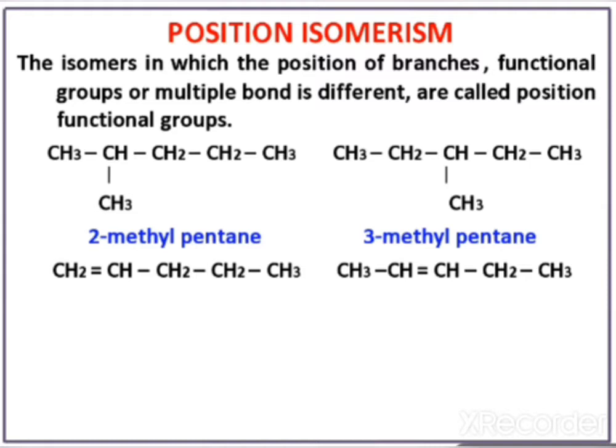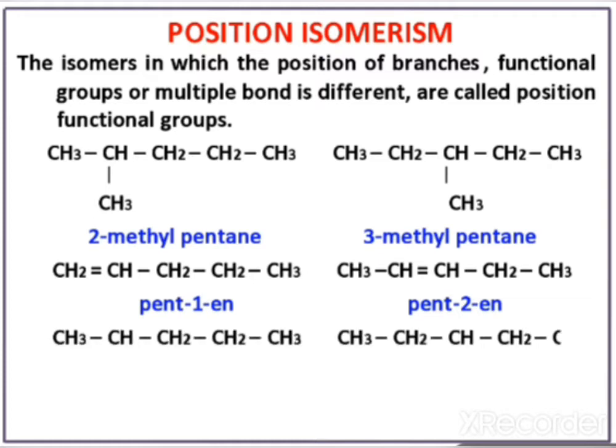But the position of the double bond differs: the name of this compound is pent-1-ene, and in the second, pent-2-ene. So the difference is in the position of the multiple bond. And in the third case, you see here with the second carbon there is OH, that is a functional group, and in the second case, the third.